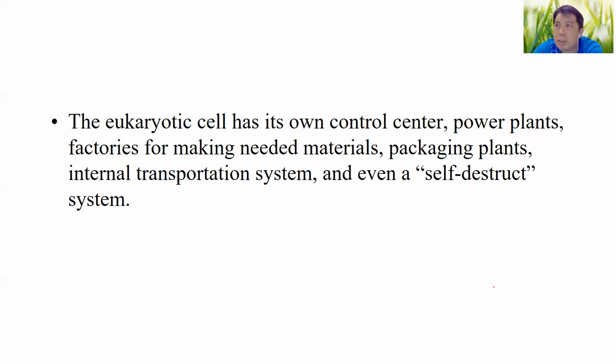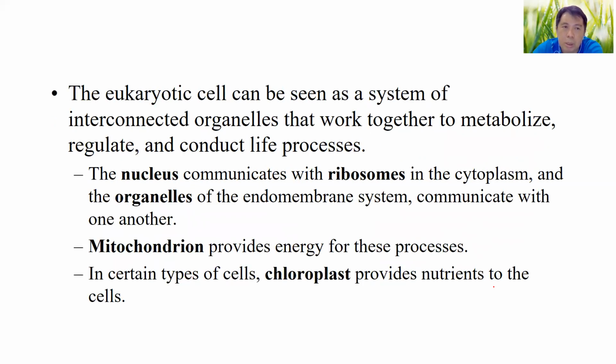Normally in eukaryotic cells, apoptosis, or programmed cell death, is triggered by the release of hydrolytic enzymes from the lysosome. The eukaryotic cell can be seen as a system of interconnected organelles that work together to metabolize, regulate, and conduct life processes.